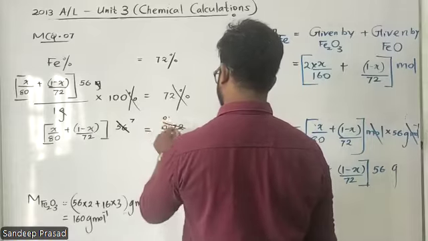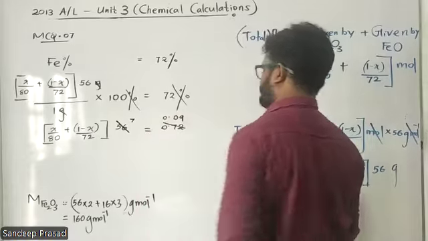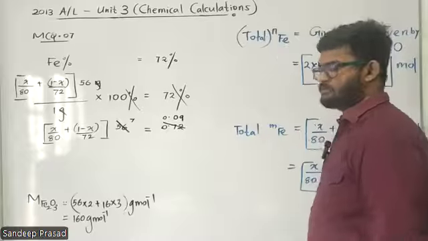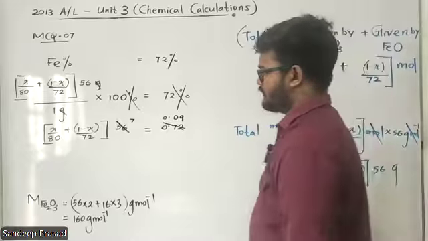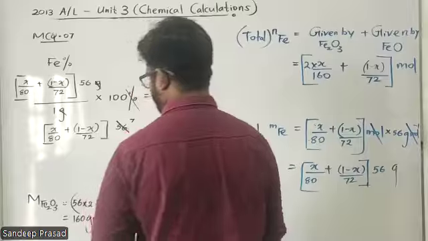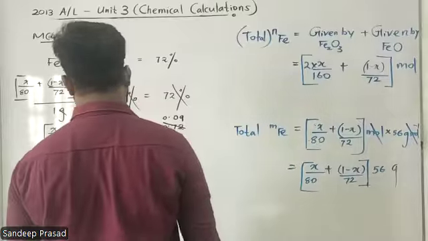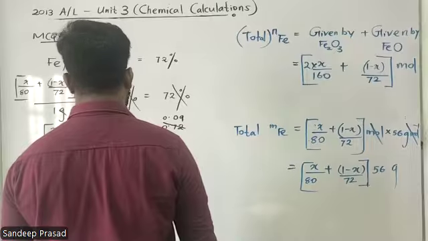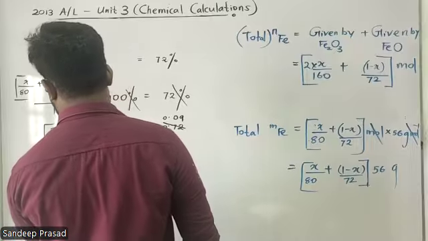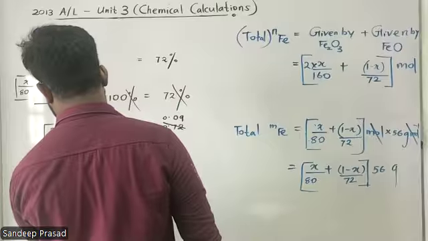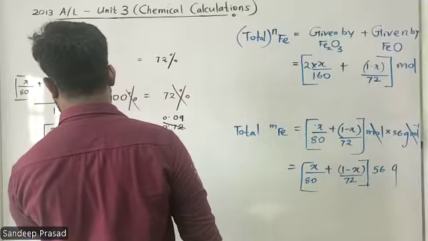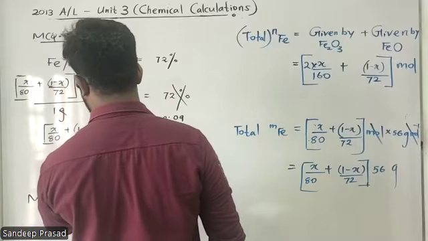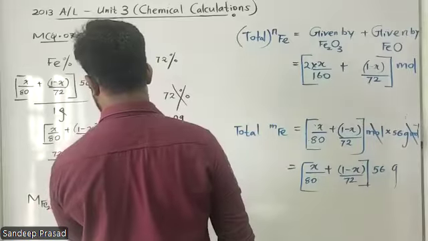Here 8 into 0.09. Okay. Then here I can take a common denominator like 80 into 72. Here 72x plus 80 into 1 minus x.